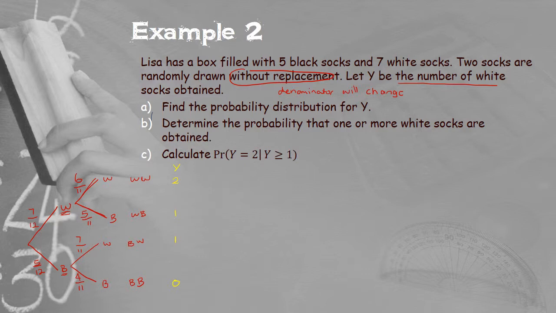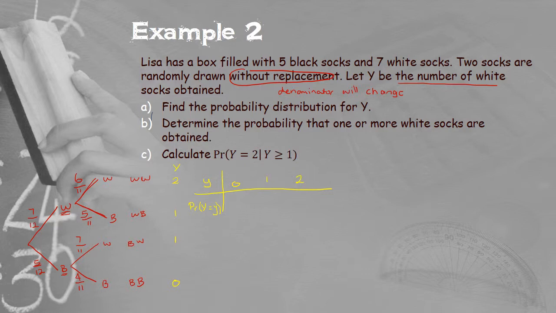Now we can construct our probability distribution. So we draw our table here. We've got y and the probability that capital Y, our number of white socks, equals lowercase y, our options. Our options are 0, 1 or 2.